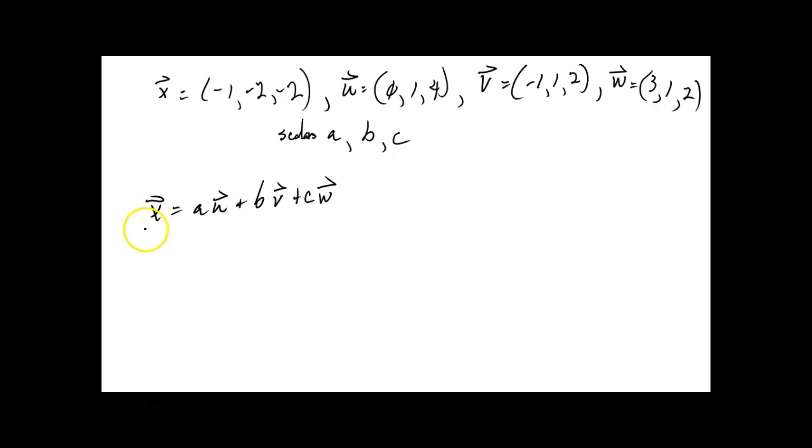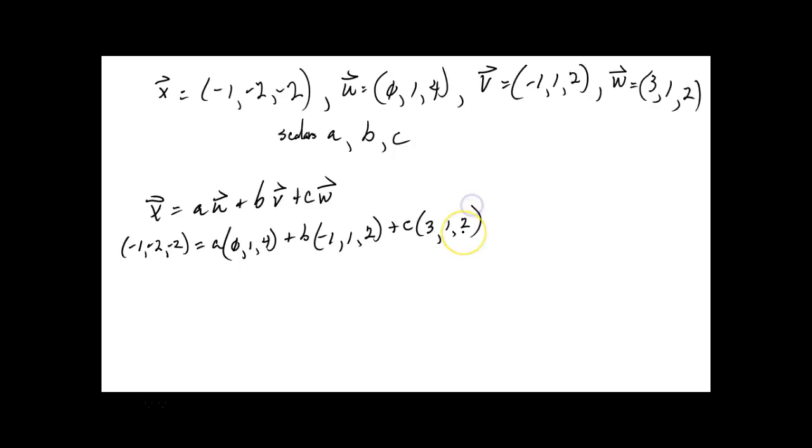Well, you can write it out longhand if you want to. -1, -2, -2 is equal to A times 0, 1, 4, plus B times -1, 1, 2, plus C times 3, 1, 2. Okay?